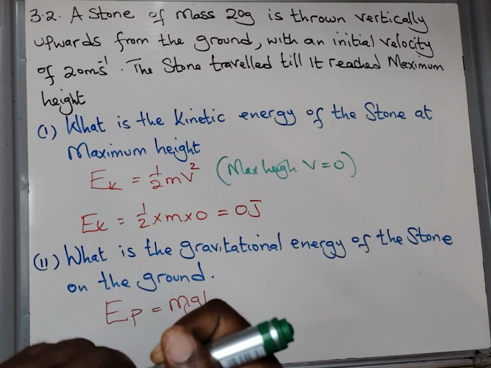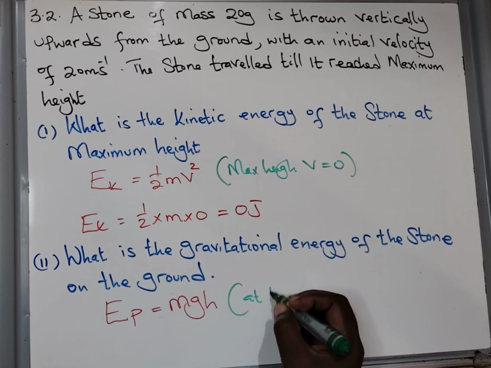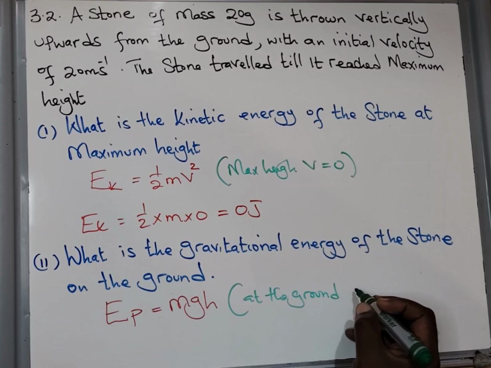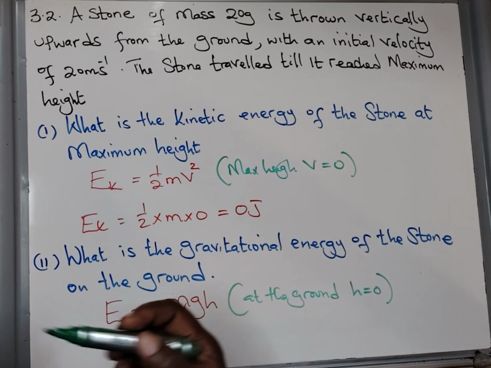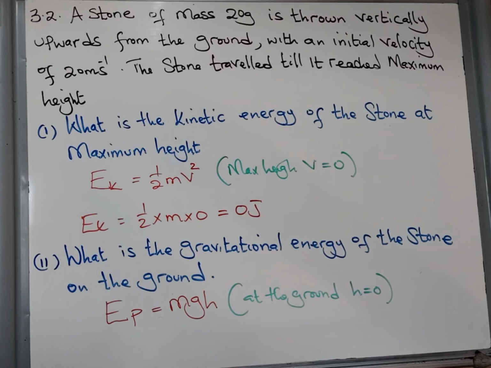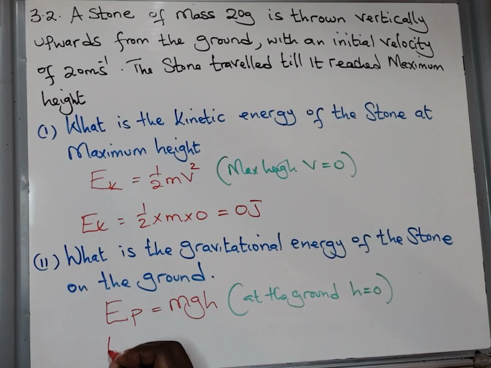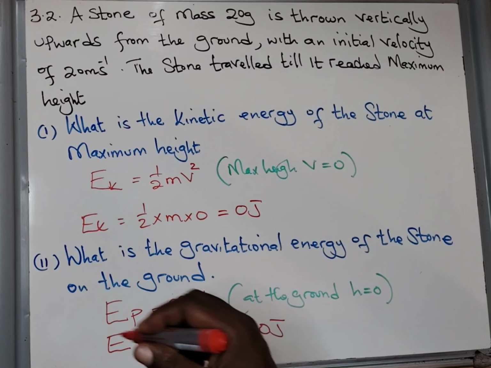But you have to know that at the ground, h is 0. It is our point of reference where we start measuring height from, so it's 0. And so what does that mean? That EP is going to be mg times 0, which is 0 joules.